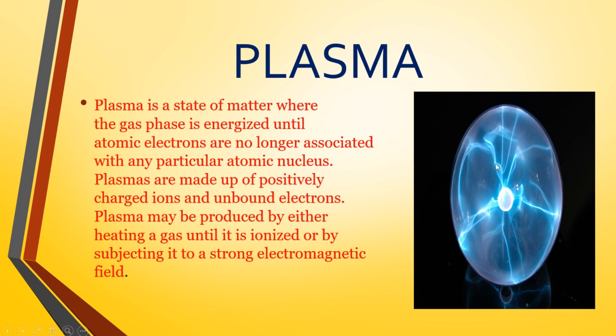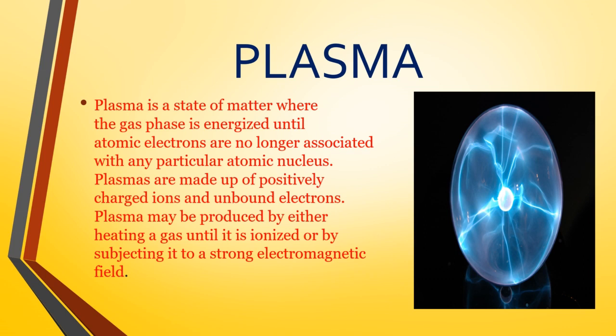About plasma in depth, you will be learning in higher classes. But the basic idea of what plasma is: it is simply matter where the gas phase is energized until the atomic electrons are no longer associated with any particular atomic nucleus.